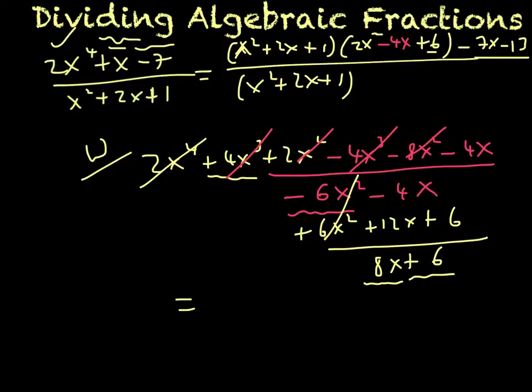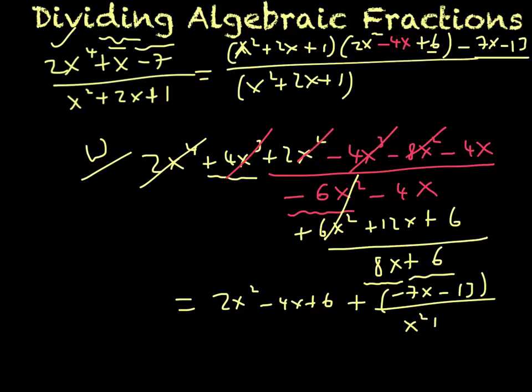So our final answer is 2x squared minus 4x plus 6, plus, I always recommend that you put your remainder just in brackets and wouldn't try and be too clever with your minus signs, because lots of people get that wrong. Not that you shouldn't do it, but you just need to understand what you mean if you put a minus instead of that plus. So think about it after you've put your remainder term in there.